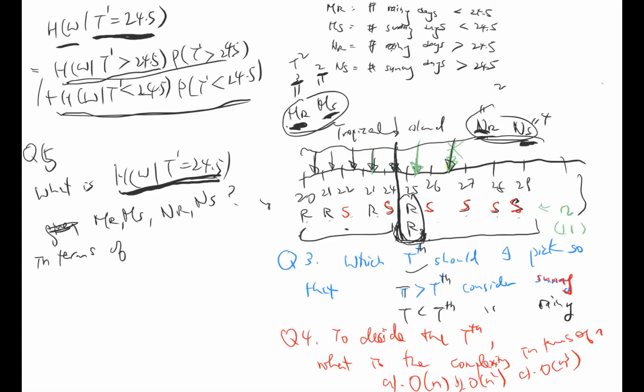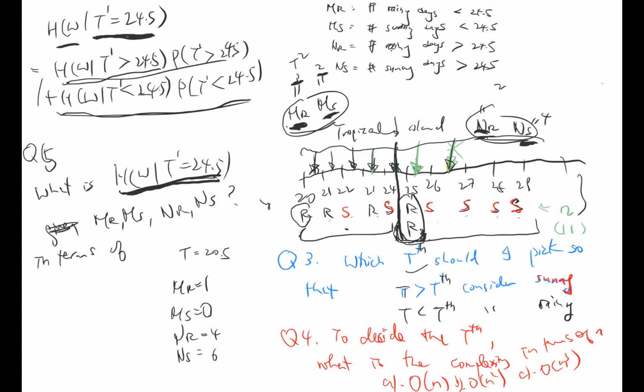For example, the first day is rainy, so MR is equal to 1, MS is equal to 0, and NR is equal to 4, NS is equal to 6. That's when I pick the threshold equal to 20.5 here.